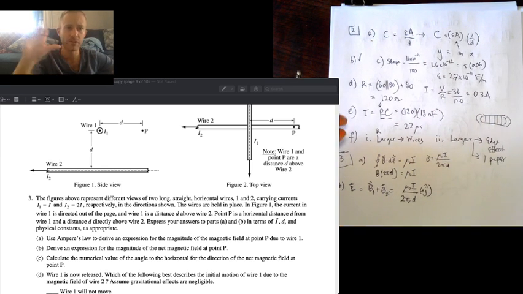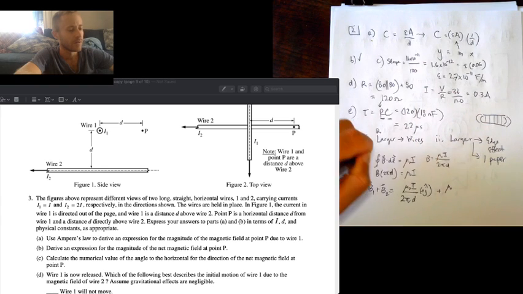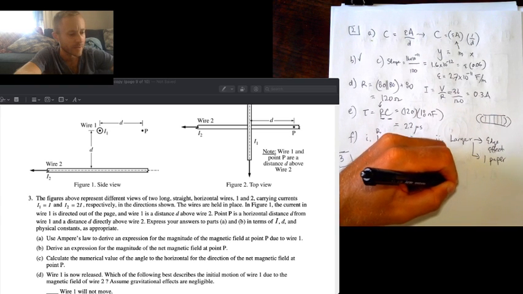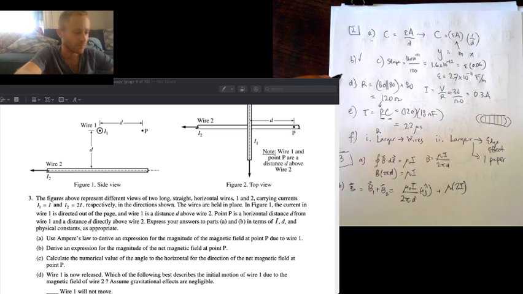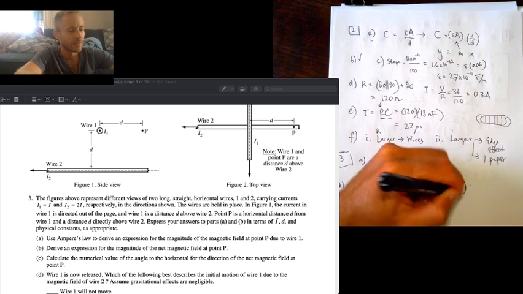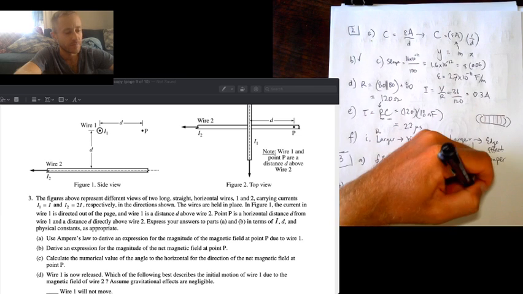Wire 2 is going to create a magnetic field that is into the page. It has twice the current. So into the page would be in the minus k direction.